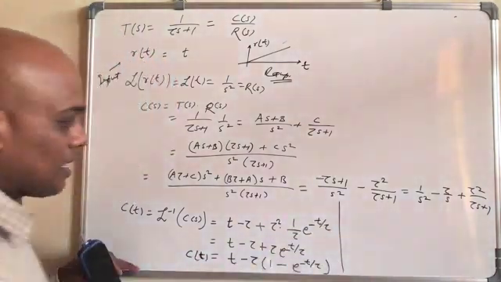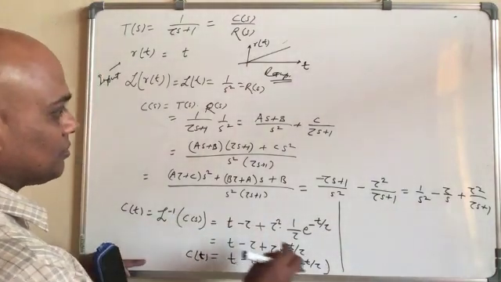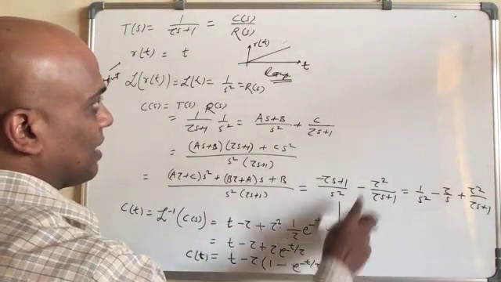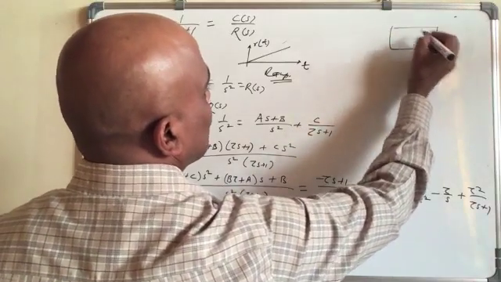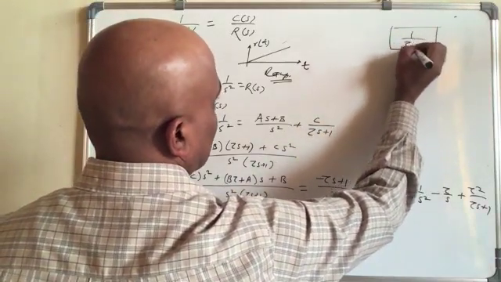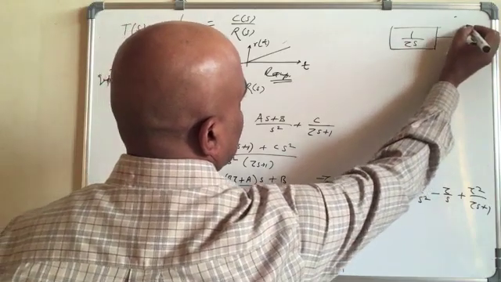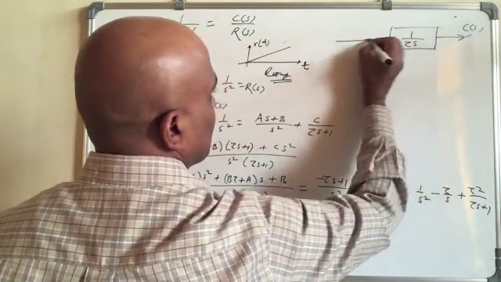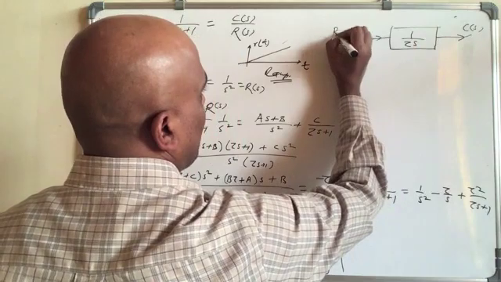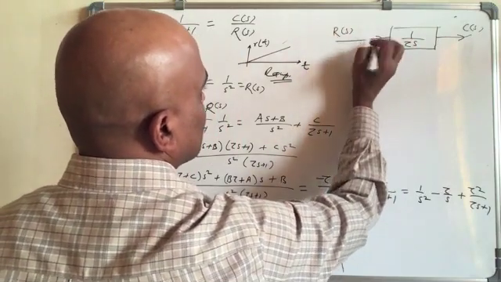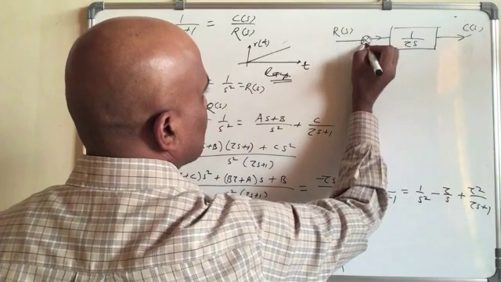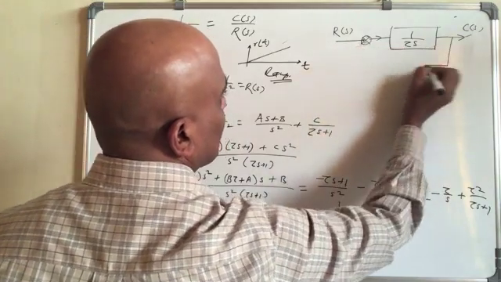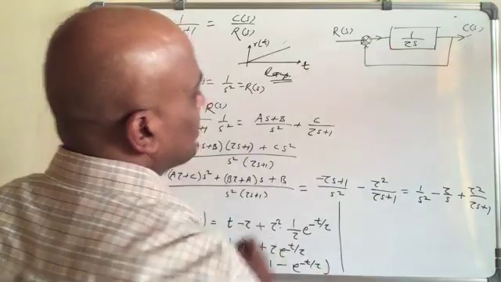Now let us say for the closed loop system, when you have 1 over tau s here, and here you have C(s), here you have R(s), and here you have plus, minus, it goes like this, a system like this one.